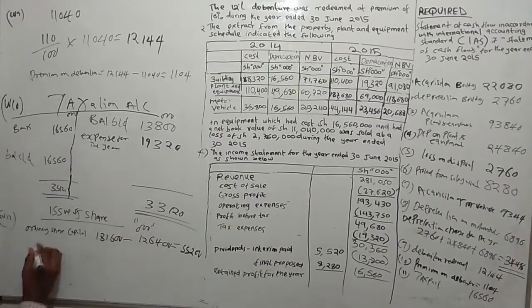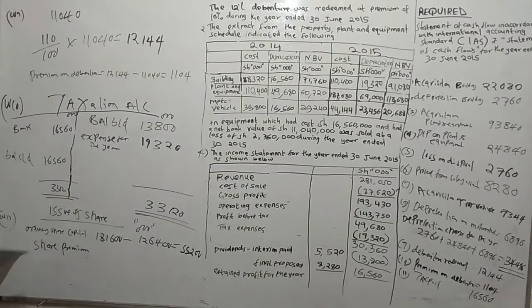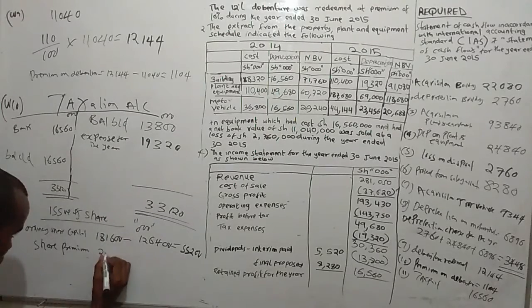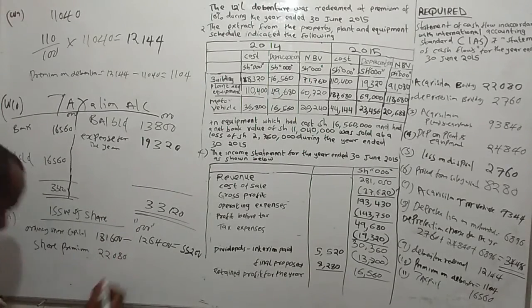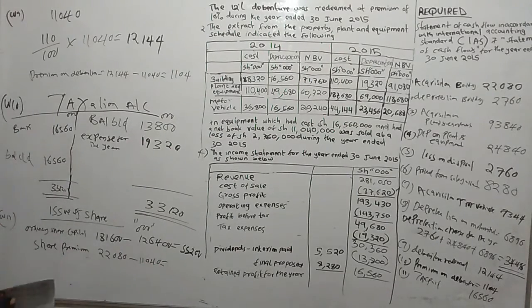Also, we have share premium. It is increased from 11,040 to 22,080. So we take 22,080 and subtract 11,040.